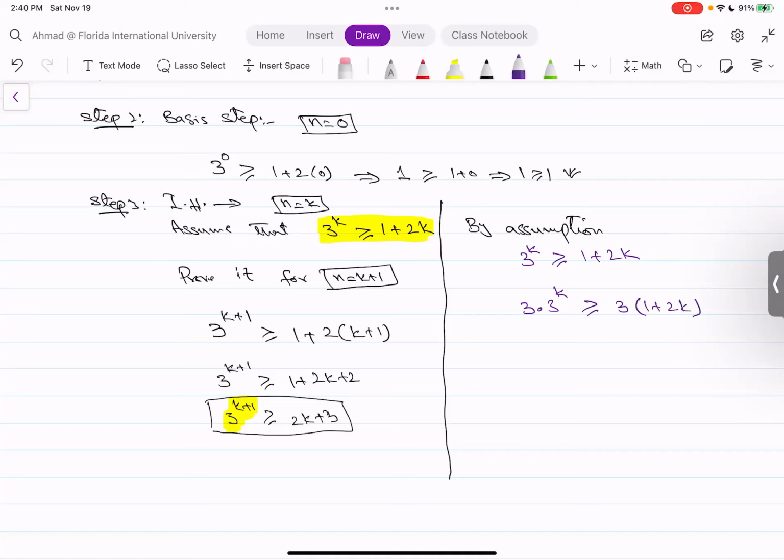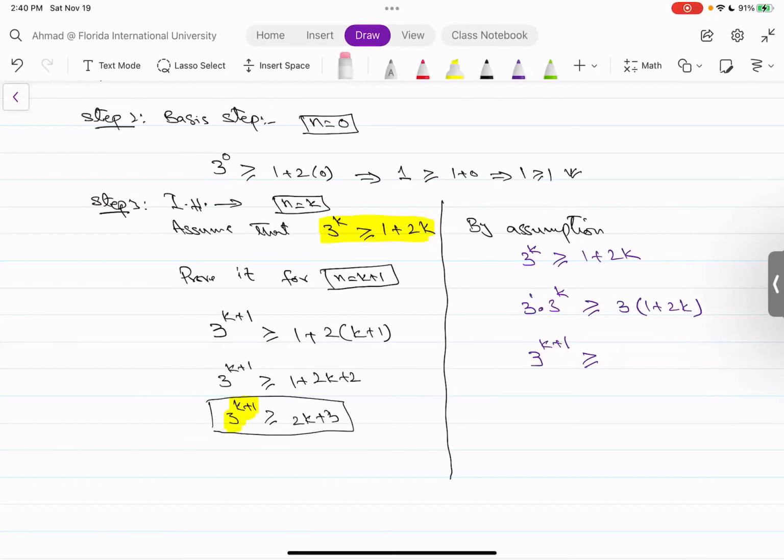The left side is basically 3 to the power of k plus 1, nothing else. So this gives me 3 to the power of k plus 1 greater than or equal to 3 plus 6k, which is 6k plus 3, if I multiply the right-hand side by 3.